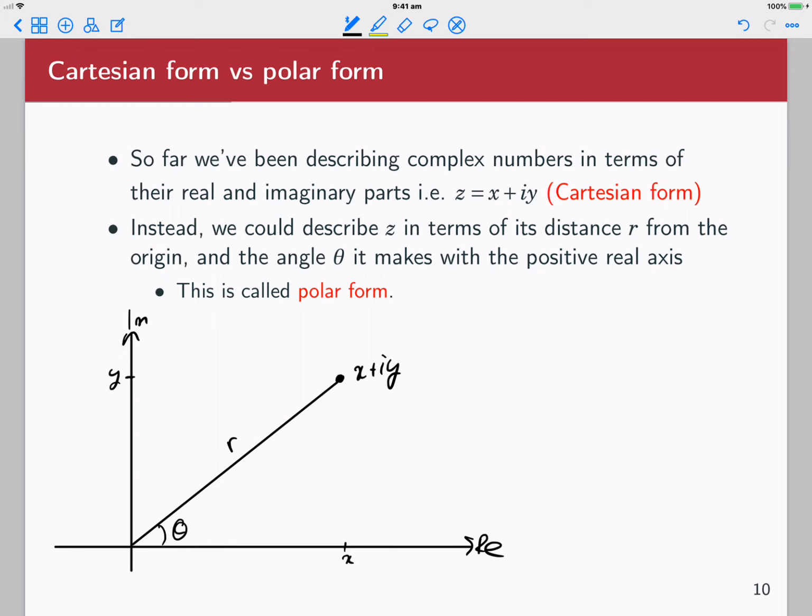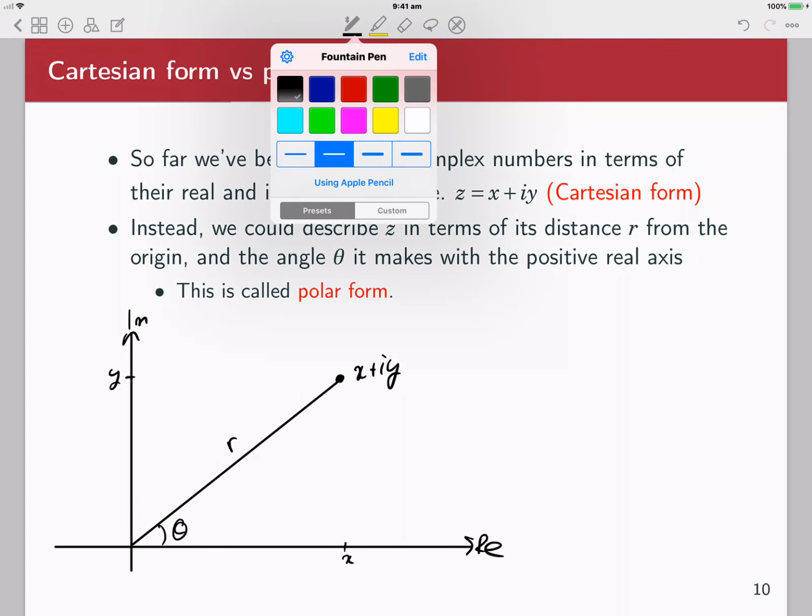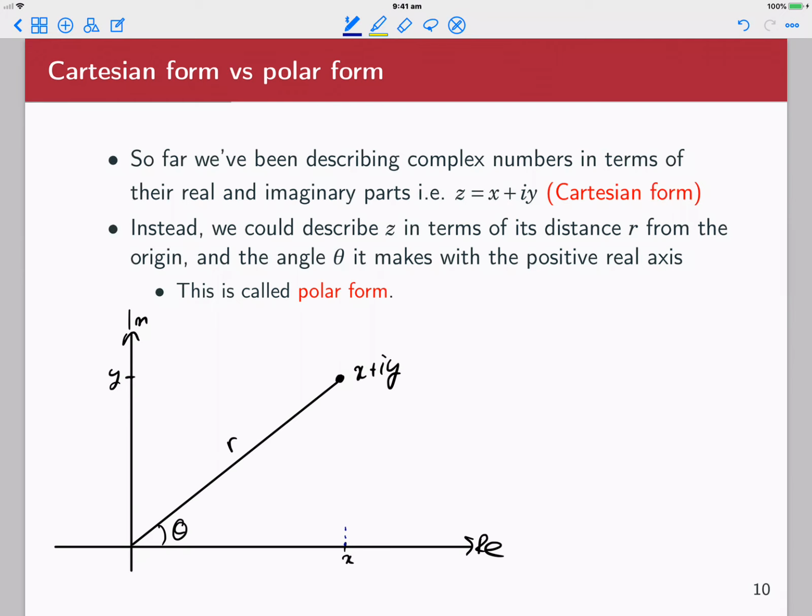And I can derive expressions for r and theta using simple trigonometry. So if I form a little right angle triangle here, I can see that the horizontal edge will have length x, and the vertical edge will have length y.